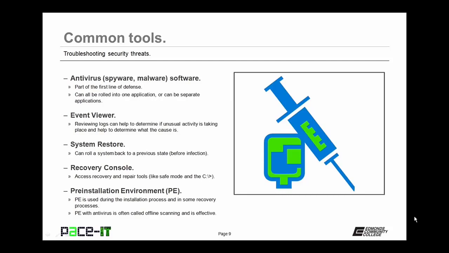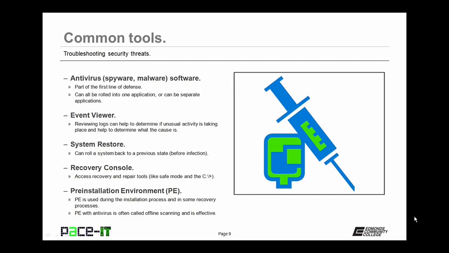System restore. You can use this to roll a system back to a previous state, hopefully before the infestation. Your recovery console or recovery environment is another awesome tool that you can use. It gives you access to recovery and repair tools like safe mode and the command prompt. A pre-installation environment, a PE, is also a great way to diagnose and troubleshoot security issues.